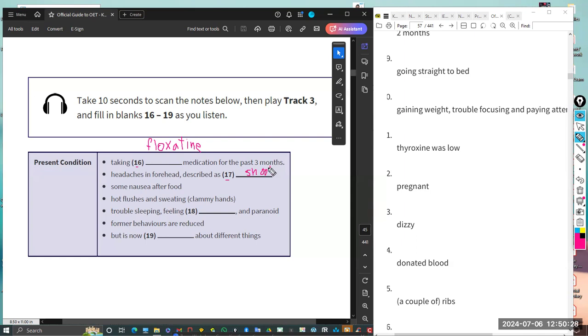Shooting, double O. And this is pain. Okay. Now, how did you solve 18? 18, it's agitated. How can I write that?